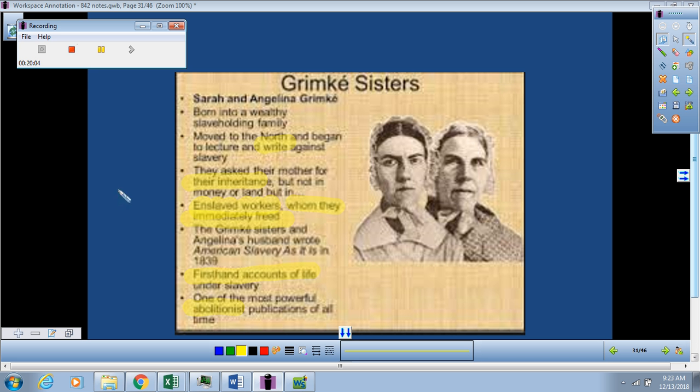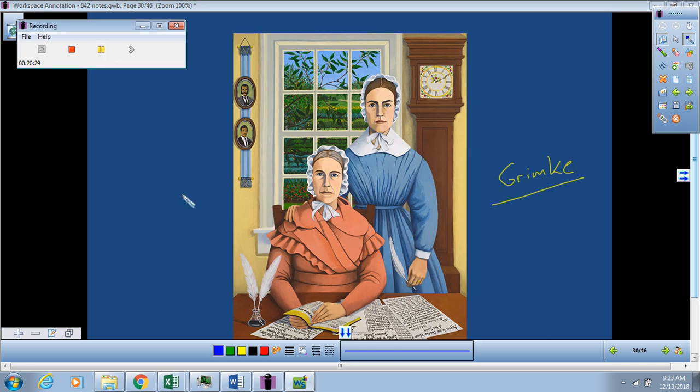I don't know which one's more realistic, but their voice against slavery was a strong one, and that's why William Lloyd Garrison published it, because they had first-hand accounts of life under slavery. And here were people that owned slaves that were turning against it because they saw it as such an evil thing. This concludes the lesson for today.